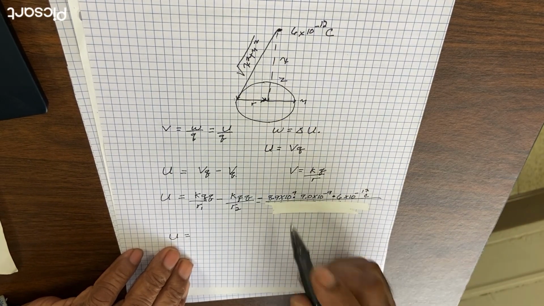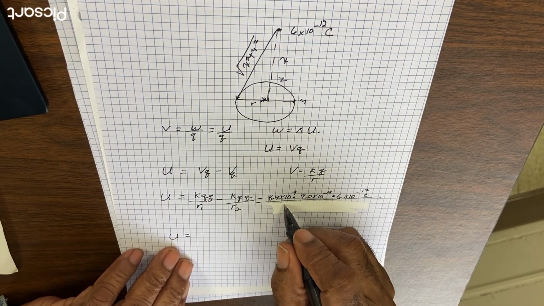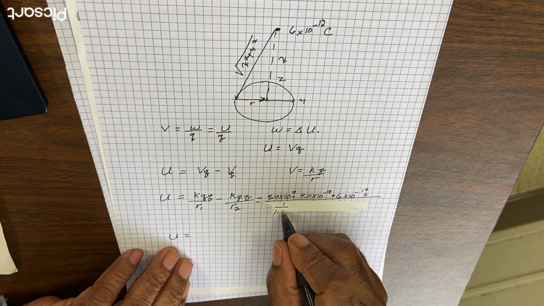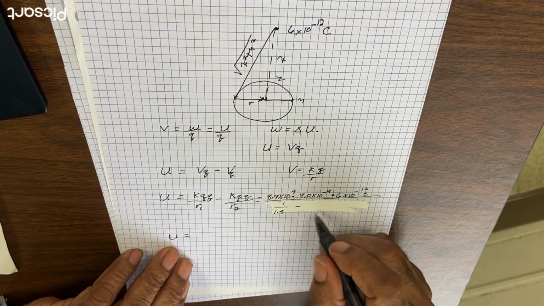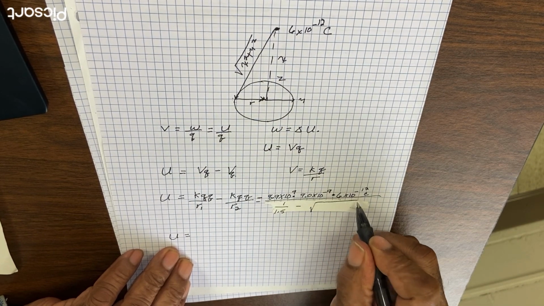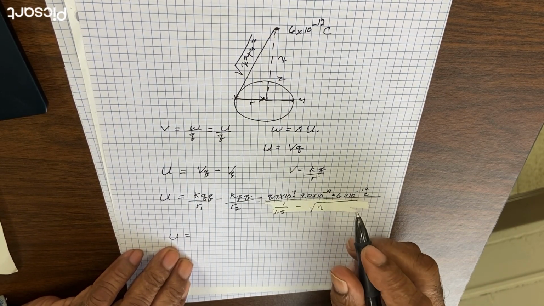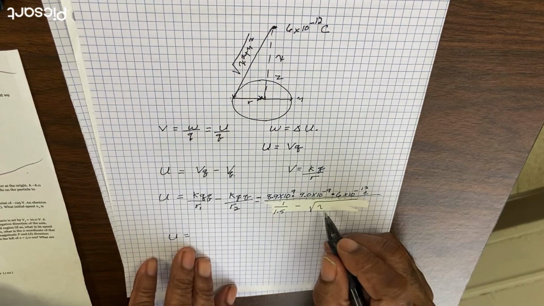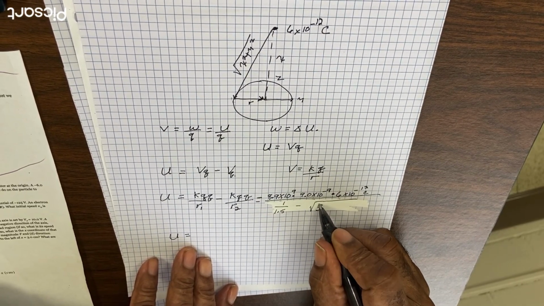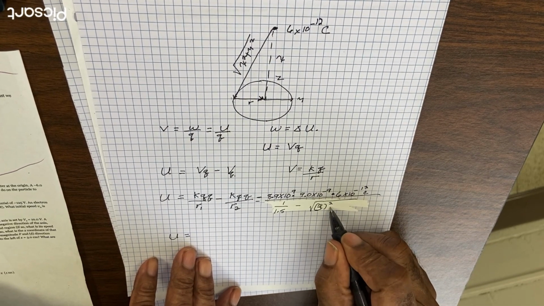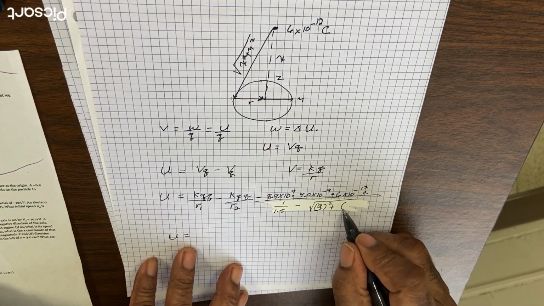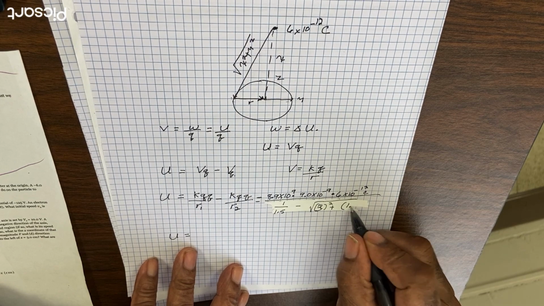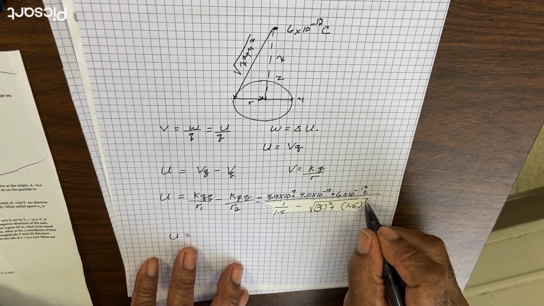So we're going to subtract these denominators. One is 1 over 1.5 meters, that's the radius, minus 1 over the square root of x, which is 3, squared plus the distance y, which is r in this case, 1.5 squared.